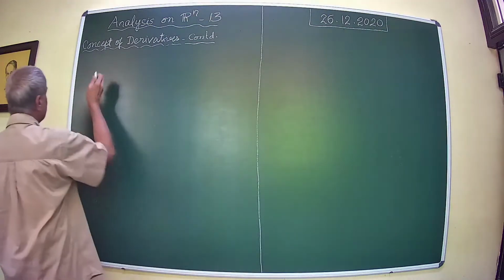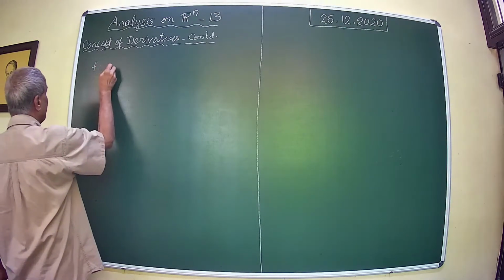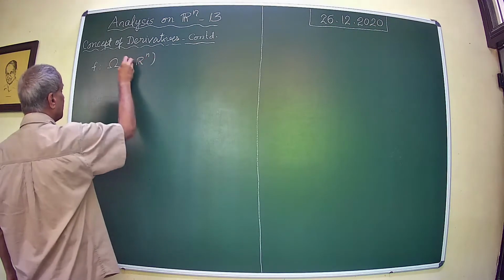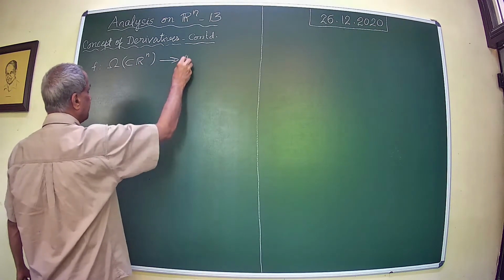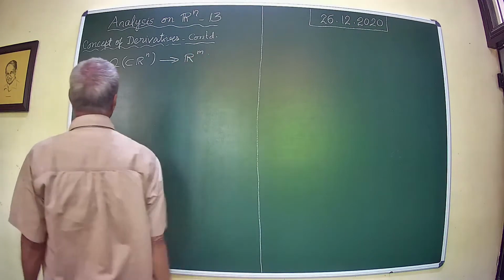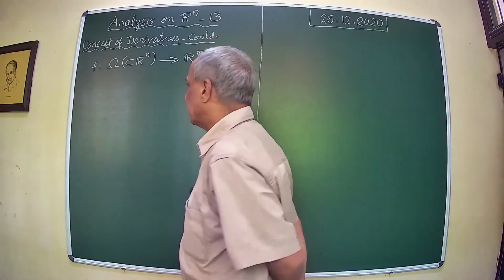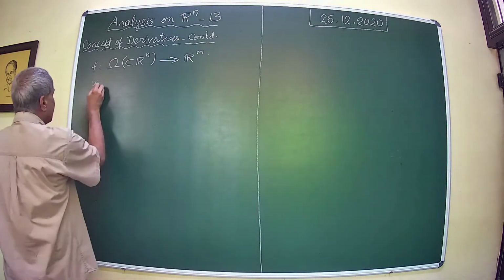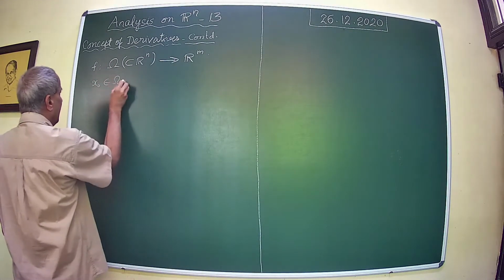So we have a function f defined on omega contained in Rn. We assume sufficient smoothness. Take a point x0 belonging to omega.